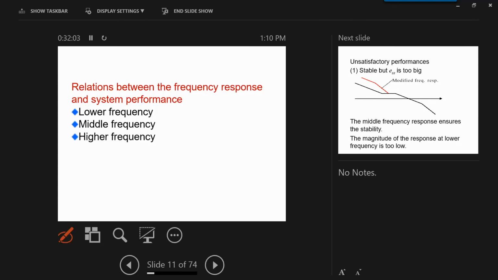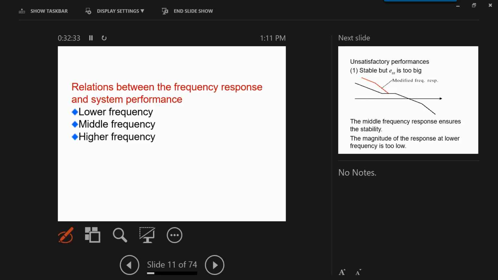60 dB is 1,000, 40 dB is 100, 20 dB is 10.